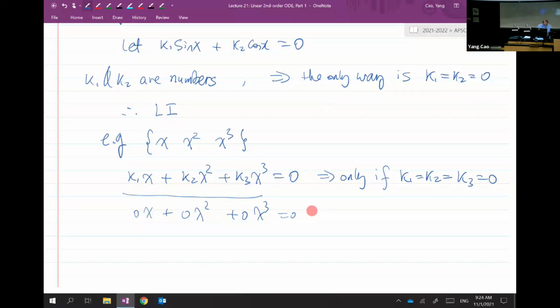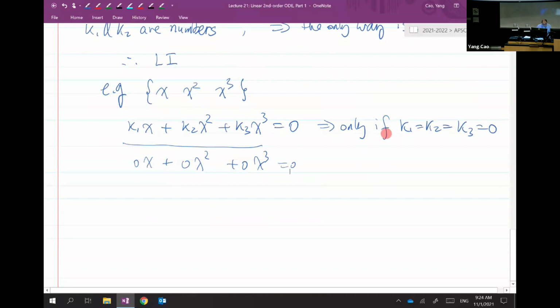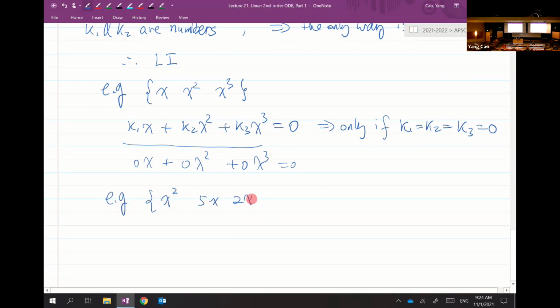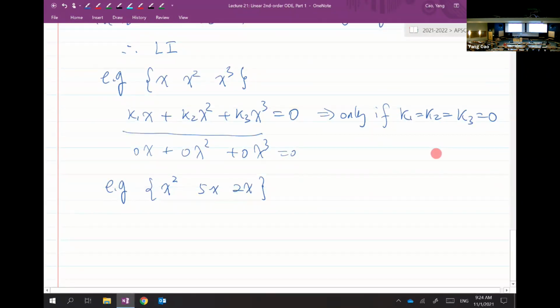Okay, so let me show you one more example. x squared, 5x, and 2x. So let's use the expression k1 times x squared plus k2 times 5x plus k3 times 2x equal to 0.